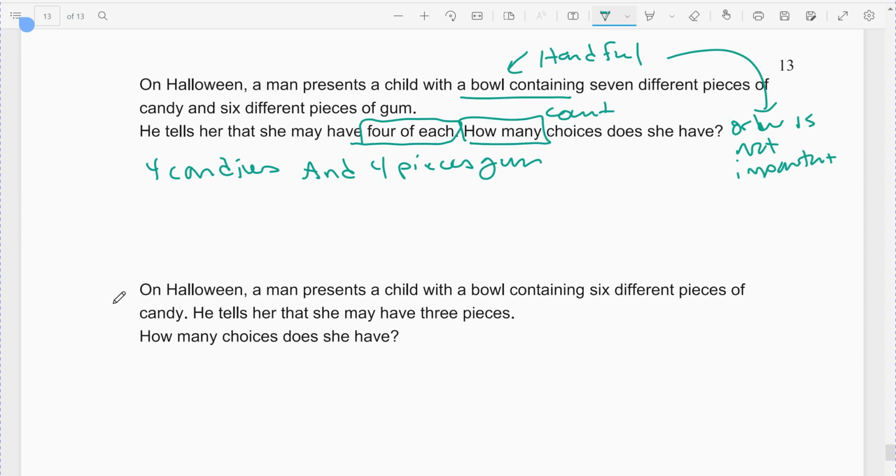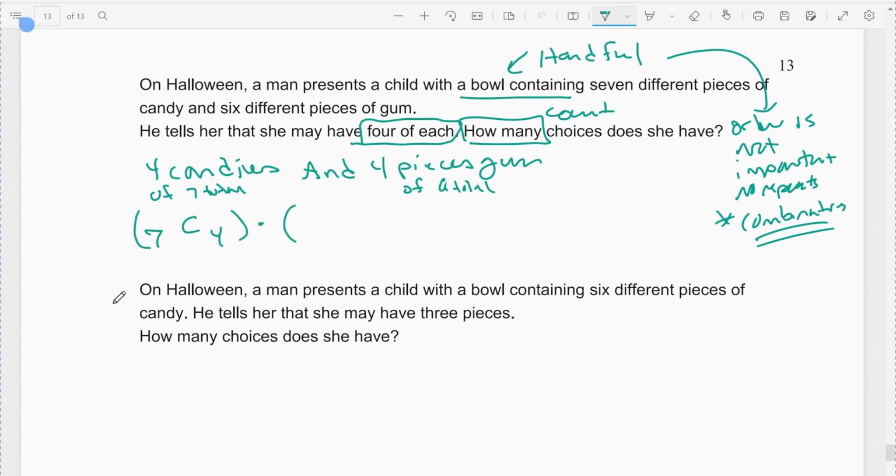And different means I'm not picking the same one twice, no repeats. So this is combinations. I'm picking 4 candies out of 7 total, and 4 pieces of gum out of 6 total pieces of gum. So combination 7 choose 4 for the candies, and we multiply by 6 choose 4.